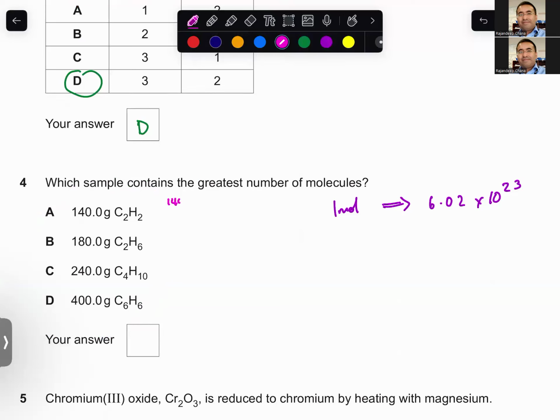So it'll be 140 over 24 plus 26, 180 over 24 plus 30, 240 over 48 plus 58, and then 400 over 6 times 12, 72, 78. Quickly work those out. 0.38 moles.